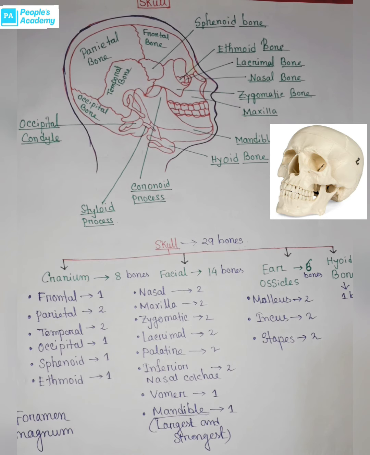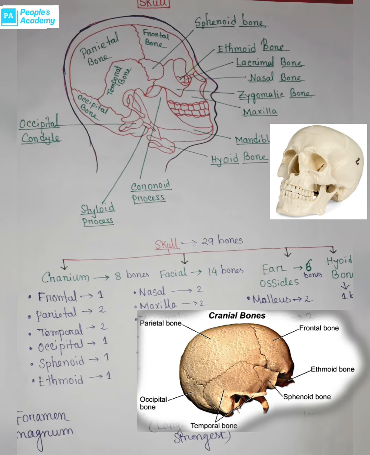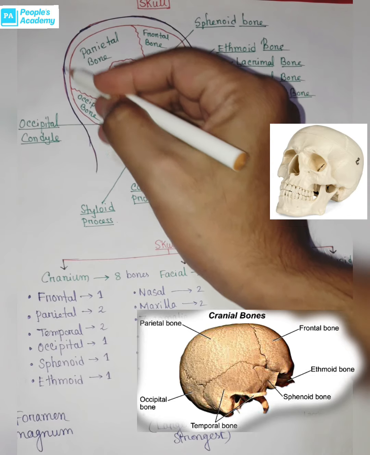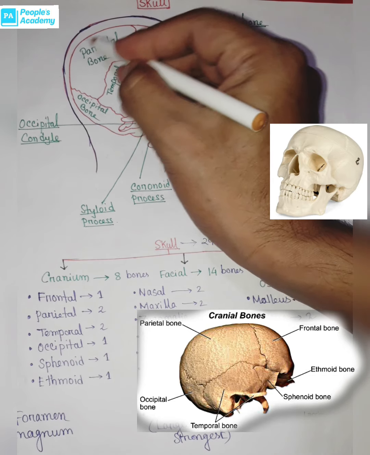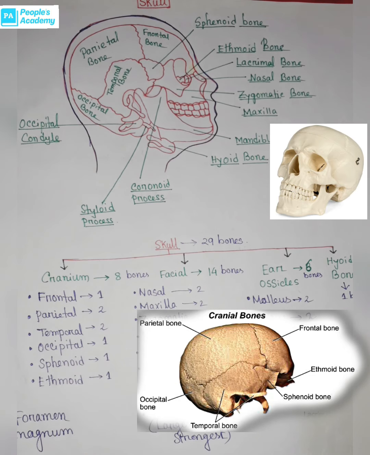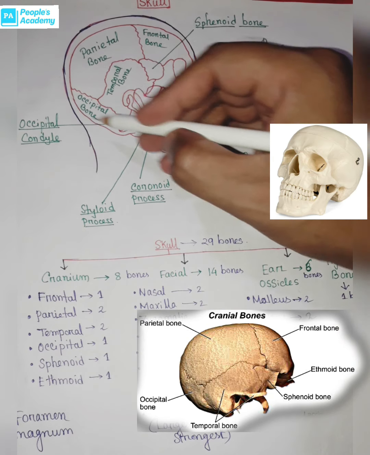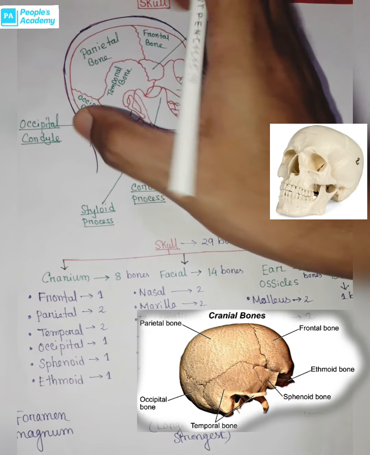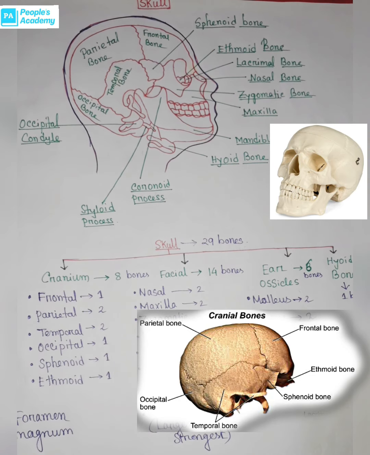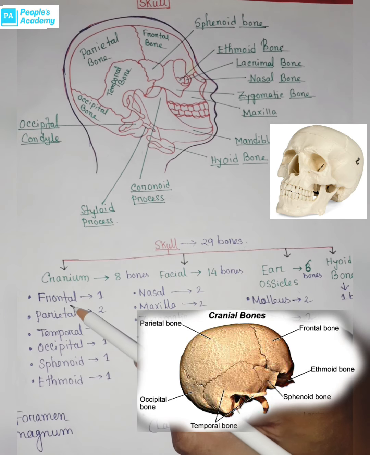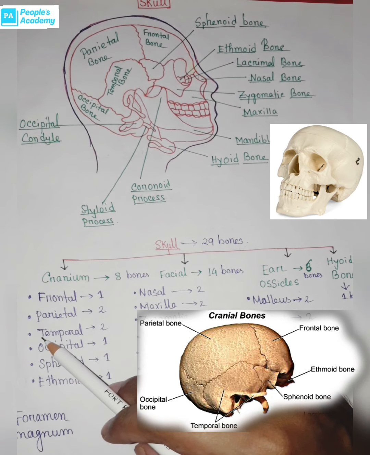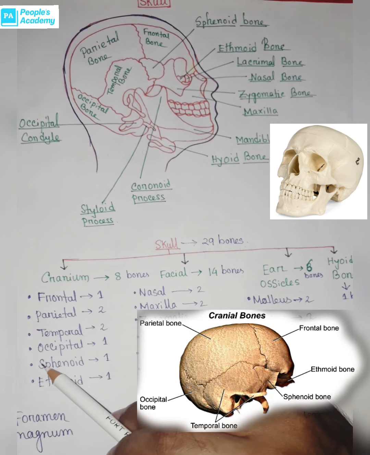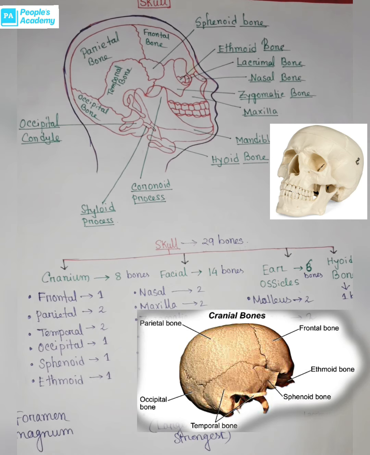Now talk about the cranium. This is the cranium. The cranium is an almost rounded, hollow bony structure. Mainly the cranium protects our brain. It is made up of 8 bones: frontal, parietal, temporal, occipital, sphenoid, and ethmoid.